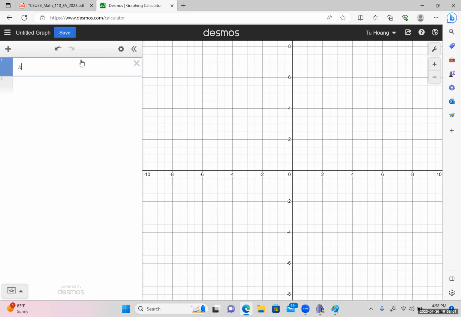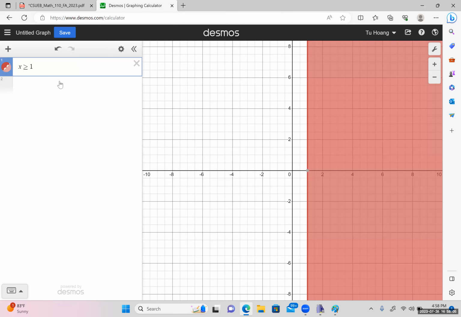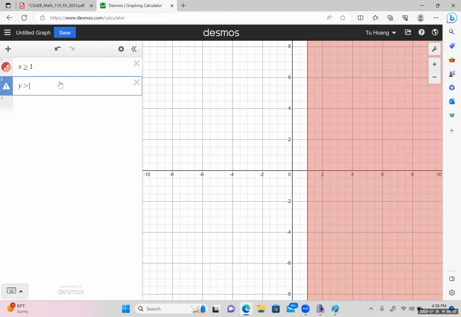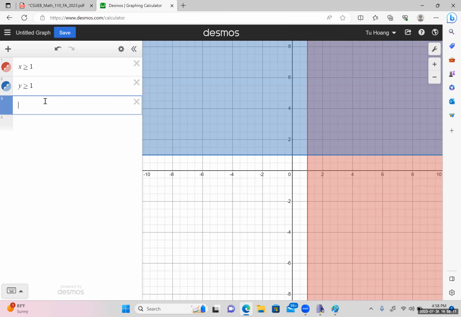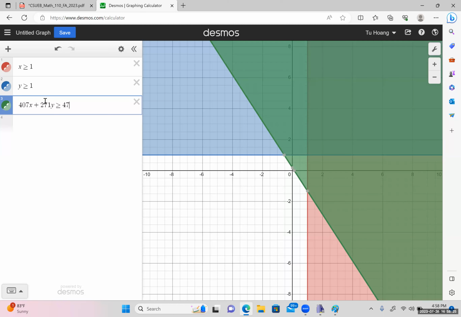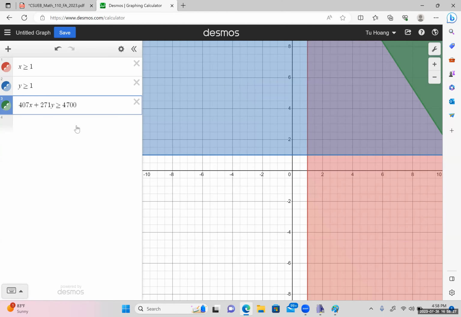Say x greater than or equal to 1, y greater than or equal to 1, and then we have what else? 407x plus 271y greater than or equal to 4,700. Okay, maybe we need to adjust a little bit.